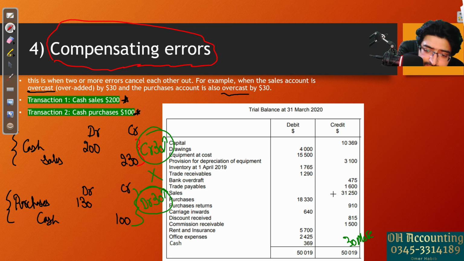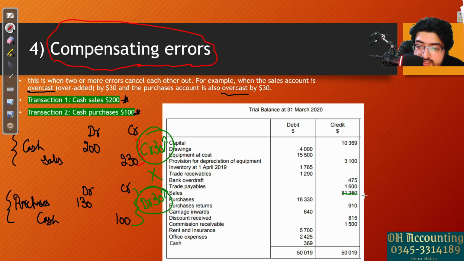Even if we correct them, the trial balance, even though the final values will change obviously of the totals, it will still balance. Debits will be equal to credits. See, let me show you how. So let's fix this. Let's fix this now. Sales should have been recorded as 200 instead of 230. So let's subtract 30 from this.